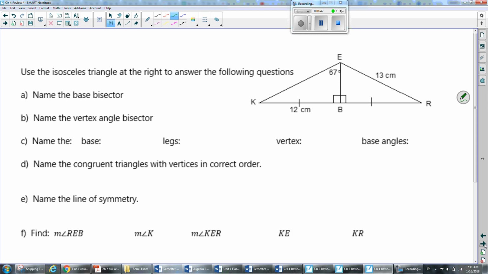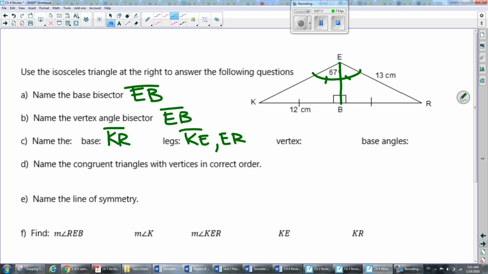Okay, then we talked about an isosceles triangle. It has specific properties. So the base bisector is this segment EB. It's splitting the base in half. The vertex angle bisector is still this segment EB. It's splitting this vertex angle into 2 congruent angles. The base is that whole segment, KR. Our legs, we have 2 of them, would be segment KE, segment ER.